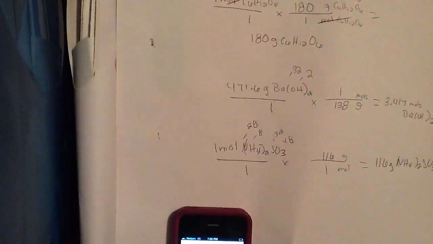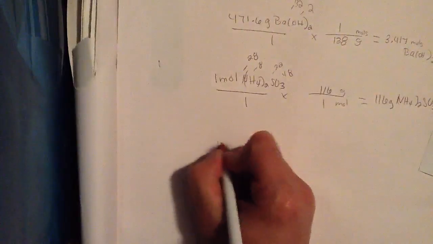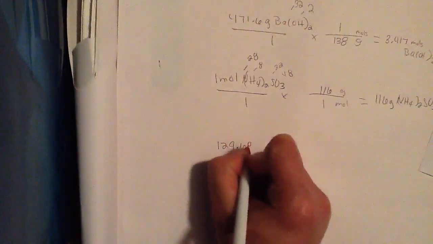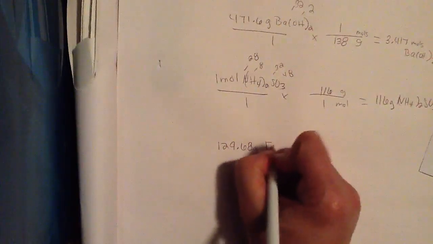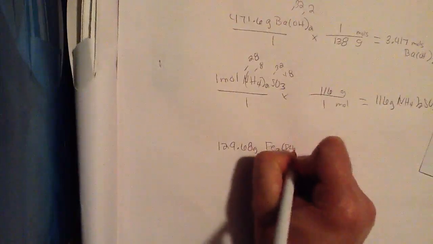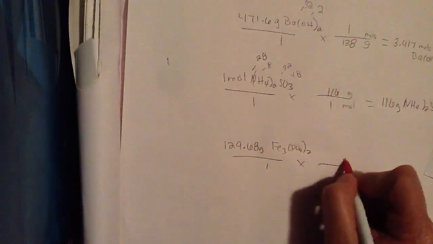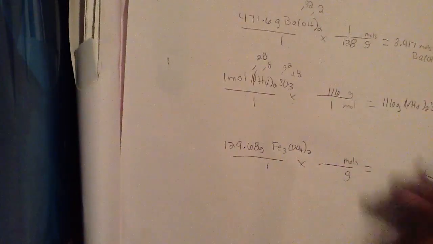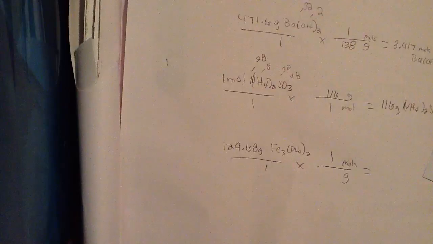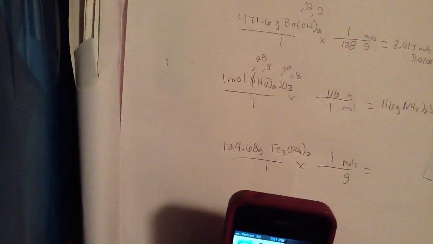The next question is, how many moles in 129.68 grams of Fe3PO4 in parentheses 2? We want to know how many moles that is. So we're going to come down. Grams goes to moles. 1 mole is going to be formula mass. We've got 3 iron.